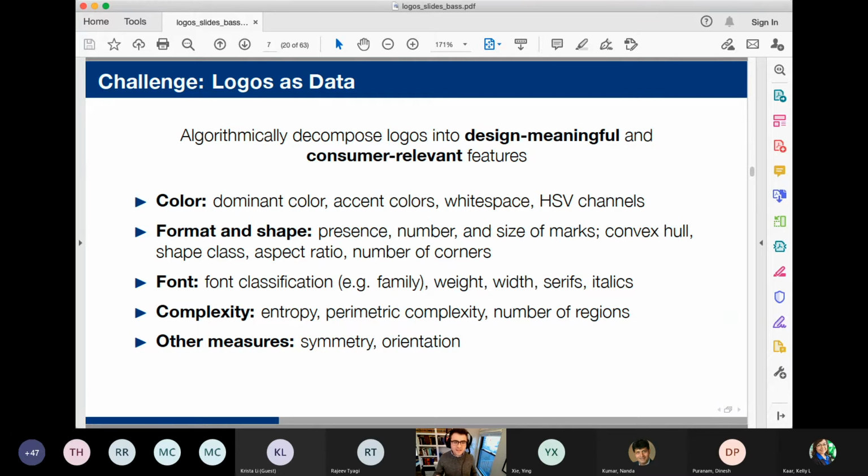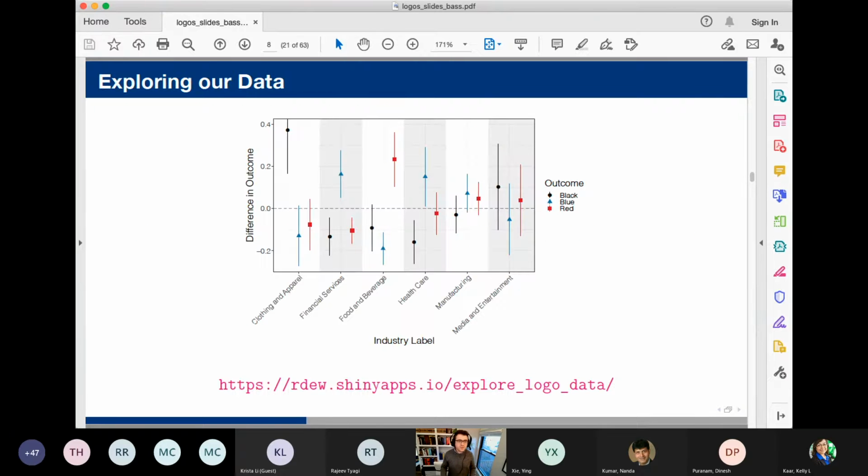The point of doing it like this in a feature extraction way is that at the end of the day, treating logos as data in this way is going to allow our results to be interpretable, to be meaningful. I'm not going to spend a ton of time going through the results, but if you are curious, we've built an app that can allow you to explore our data and these reduced form patterns that exist in the data.